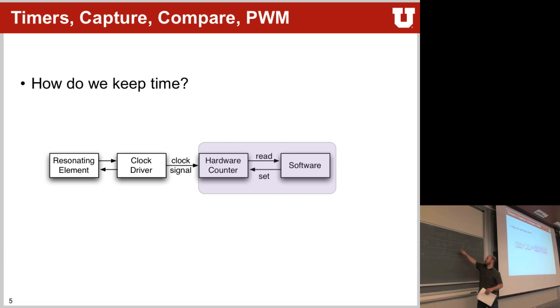Right? So now it's saved. This counter will keep incrementing as the clock comes in, but it will save the value that was in your counter when this signal came.